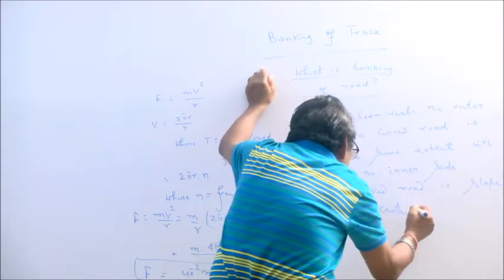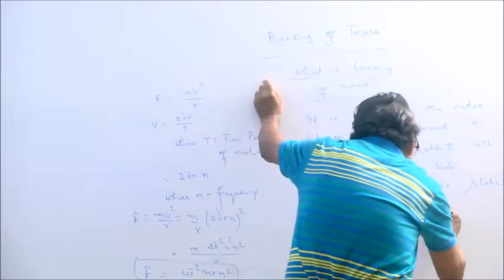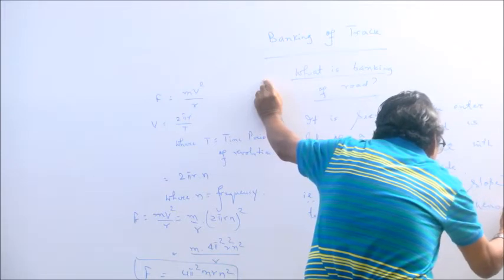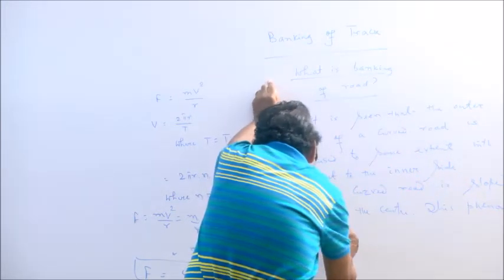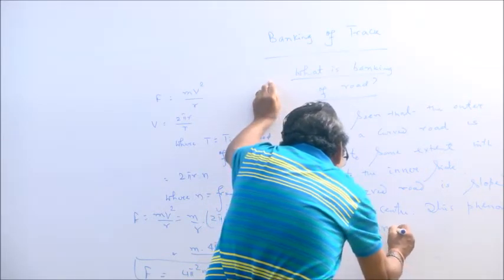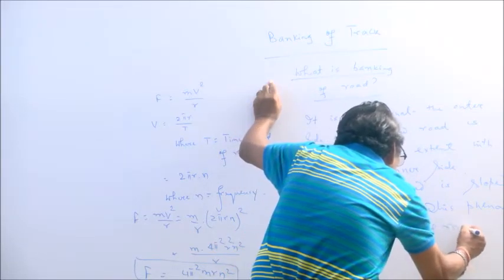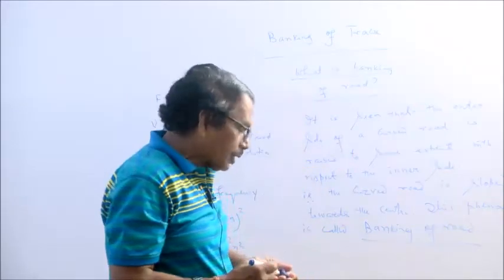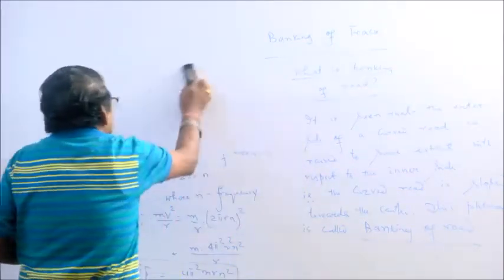This phenomenon is called banking of track or banking of road. The outer side is raised to some extent with respect to the inner side. This is known as banking of road.